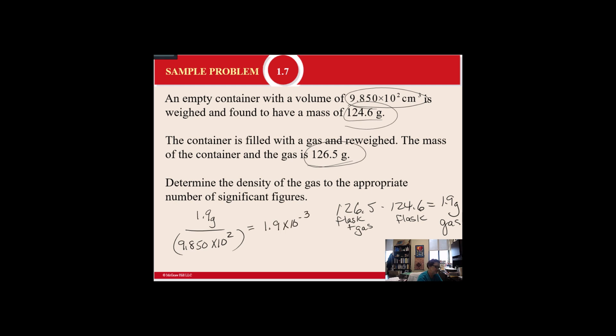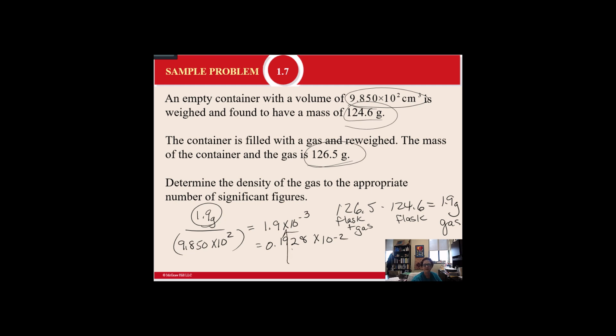It was 0.1928 is what we got, but we can only use two significant figures. So 1.9 times 10 to the minus third. This was times 10 to the minus second. So we have to do it in the correct format.